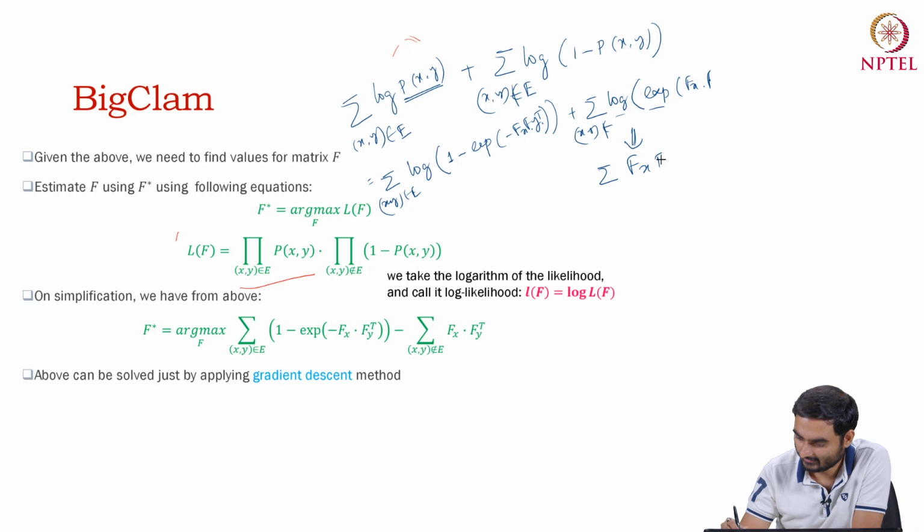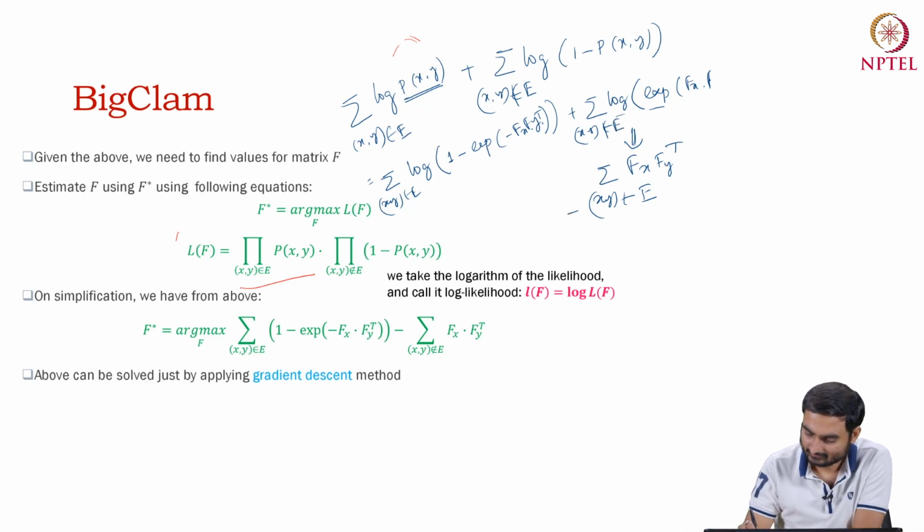So we get the sum of minus fx fy transpose over all xy pairs which do not belong to E. And for the other pairs we have this quantity.